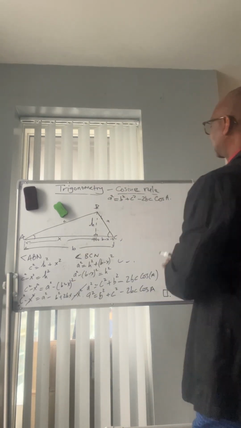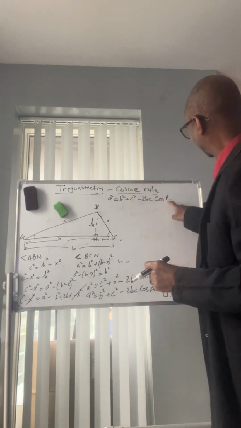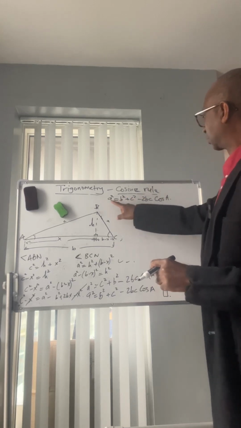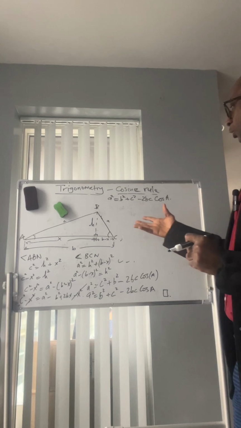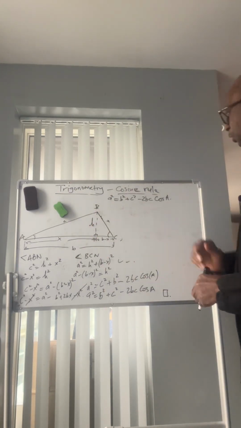This formula is going to change. Whatever the cosine angle is here, the capital letter here, we want its small letter at the front. So you just change the letters in those positions.